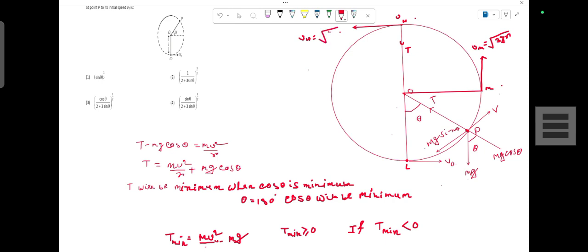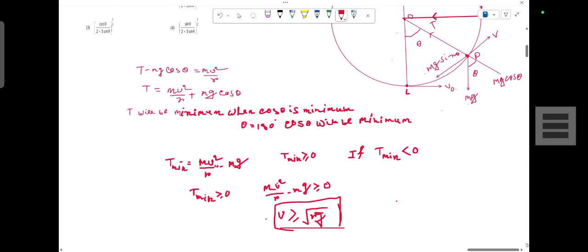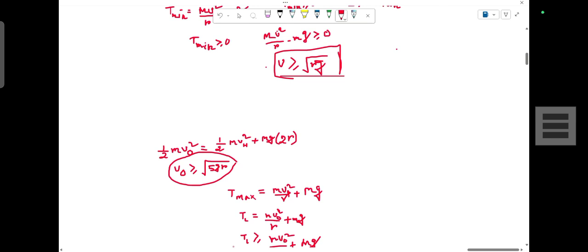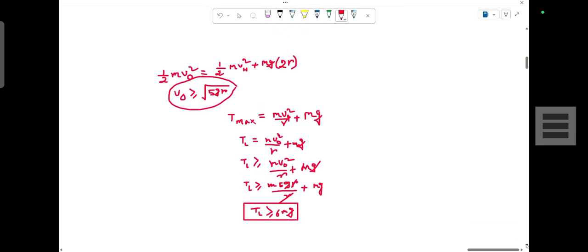Root over gr will be the velocity. You can find the tension also, the tension here, by this process. In this process you can also measure the TM.